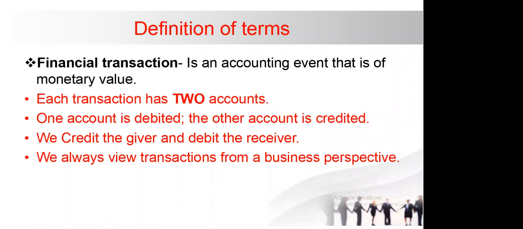When you sell your goods to a customer, we call that a transaction. So you find that the bookkeeper records transactions of the business from day to day. And as accountants, when you take those transactions, you are able to analyze them or record them so that you can prepare your financial statements. So a financial transaction is simply an accounting event that is of monetary value.